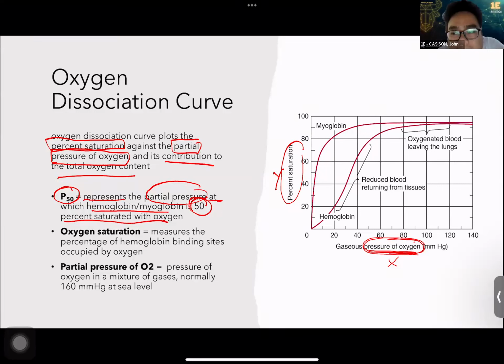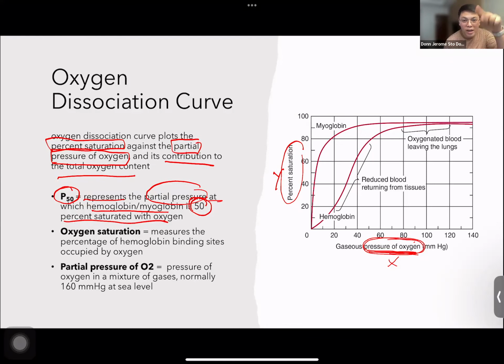Doc, pwede pong isa pa po. Sige, okay. Sabi natin, ang P50 is the partial pressure of oxygen in which your hemoglobin or myoglobin is 50% saturated with oxygen. Applying it to enzyme kinetics, that is also like the KM. KM is the substrate concentration at which your enzyme is 50% saturated with substrate.